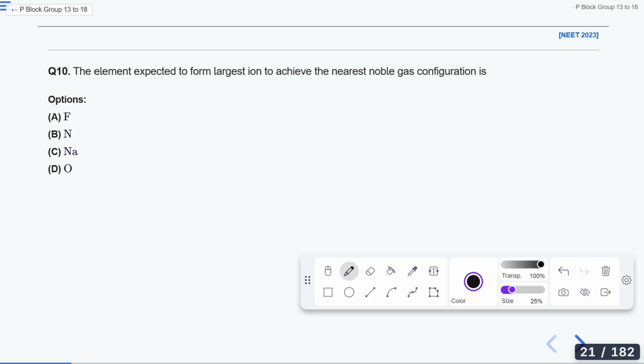Yes, Raghu, what will be the answer here? Vasant Priya, what will be the correct answer? Which one will have the largest size on achieving the nearest noble gas configuration? Anyone?